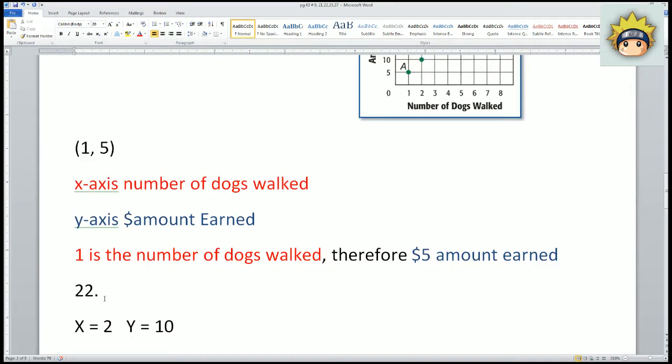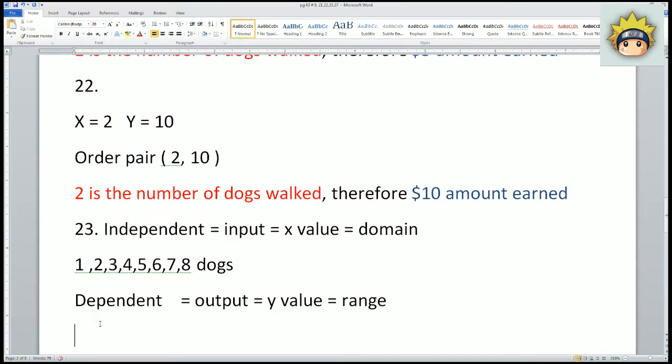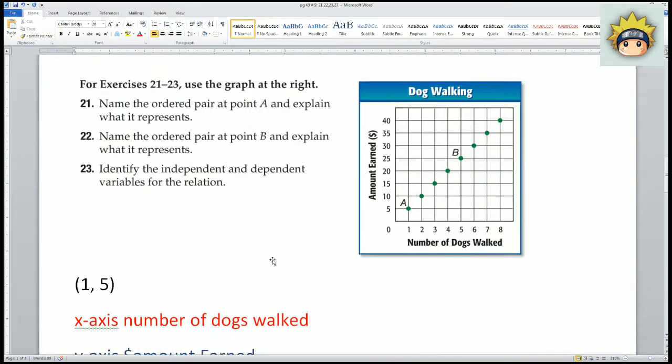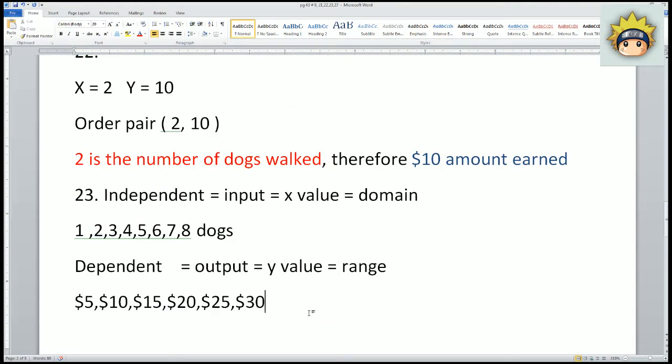So it is the dollar amount of 5, dollar amount of 10, dollar amount of 15, 20, 25, 30, 35, all the way up to the dollar amount of 40.